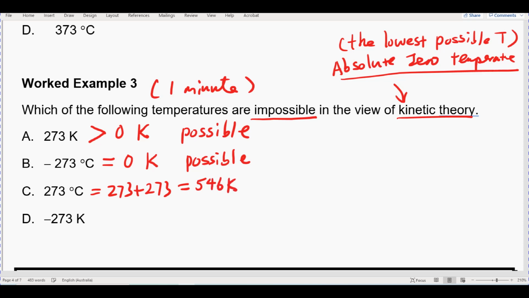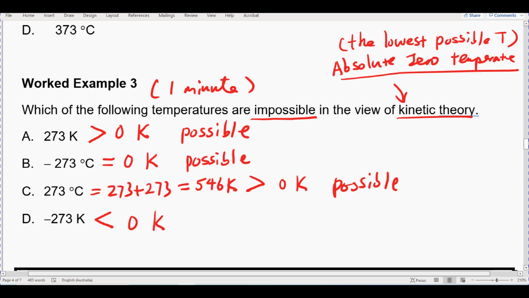Okay, so obviously this is greater than 0K, and this is possible.